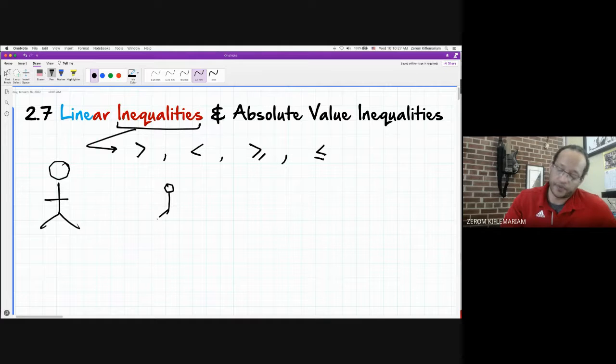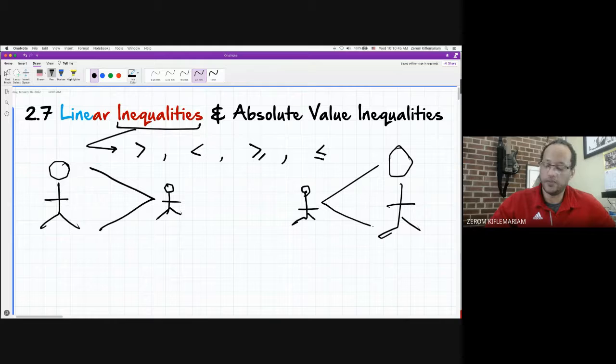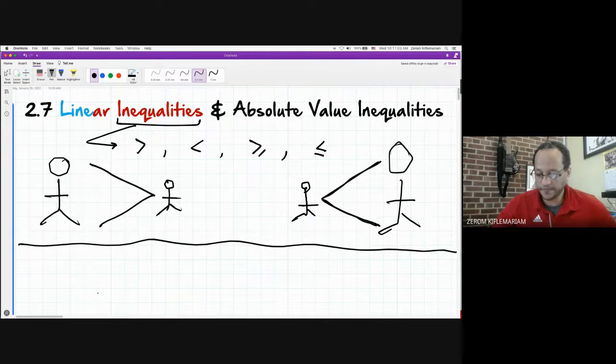Always, the opening goes to the larger side. The opening of the inequality sign always opens to the larger side, and the pointy side points to the smaller side.